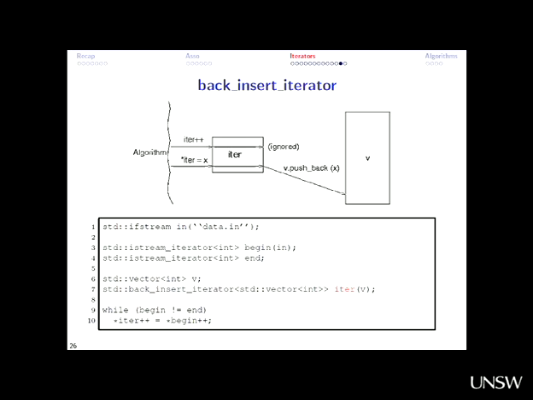And so copy all the data from that file into that vector. So it's a very fast way of reading all the data in that file into a vector. Okay, so how many different iterators are in this code?